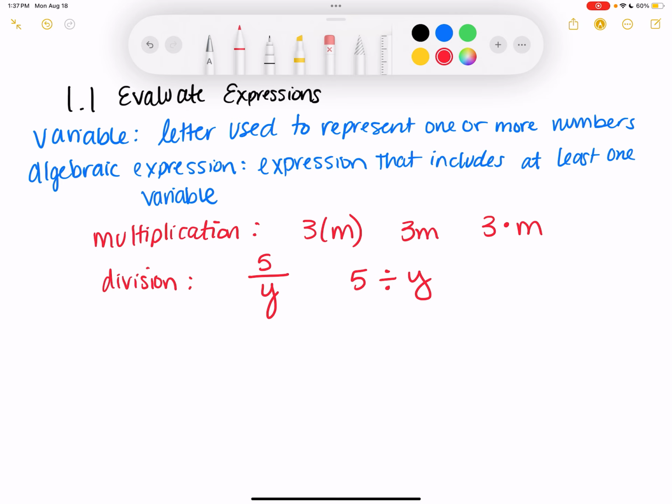There's no really fancy way to write addition and subtraction. Addition is obviously just 3 plus x, and subtraction 4 minus n, or something like that. So really just multiplication and division. There's multiple ways that we can write them, but all of these would be algebraic expressions.